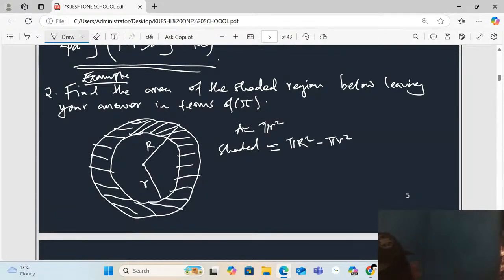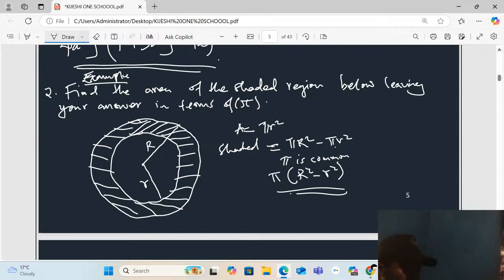Now, having this, we have something in common, a common factor. So you can say pi is common. You can see pi here and pi here. So pi is common. So we factor it out. Therefore, we shall have pi into R squared minus r squared. Then close your brackets. That is now your answer.